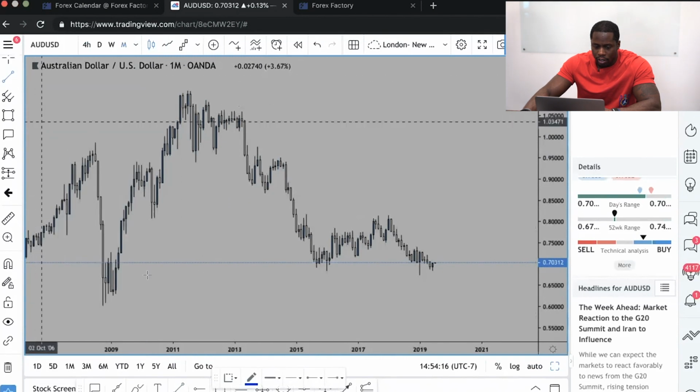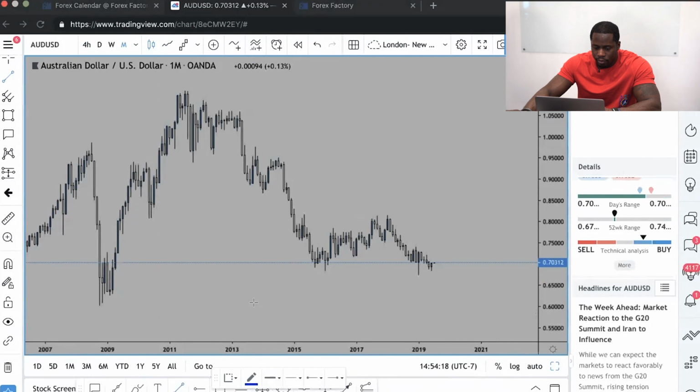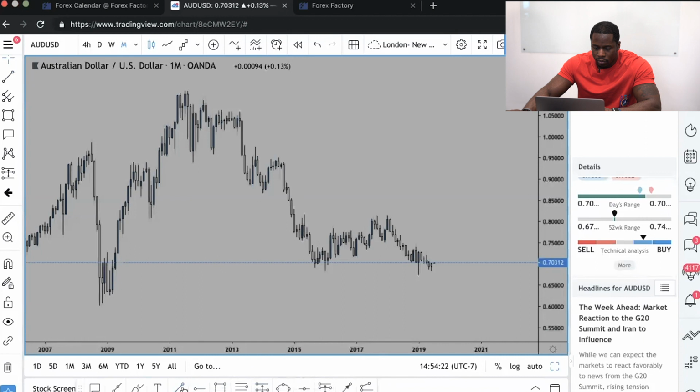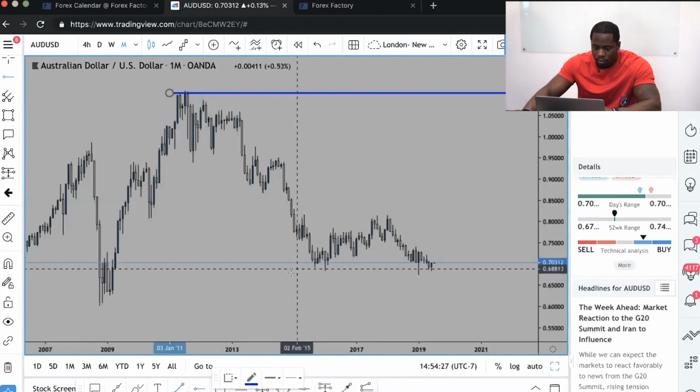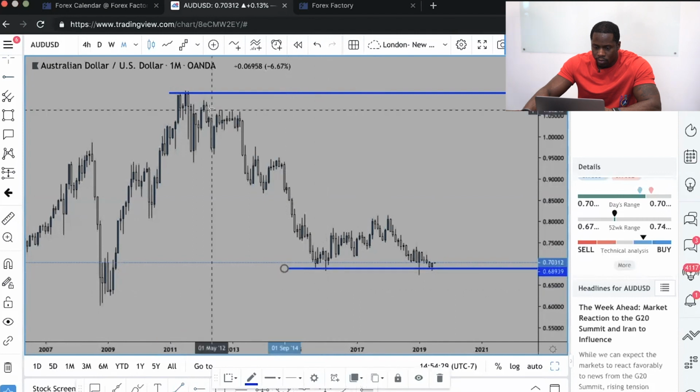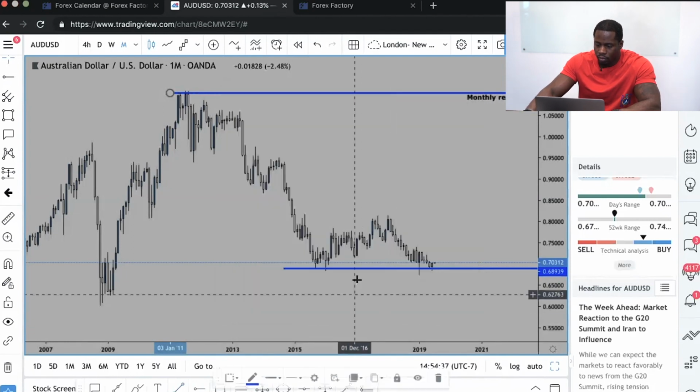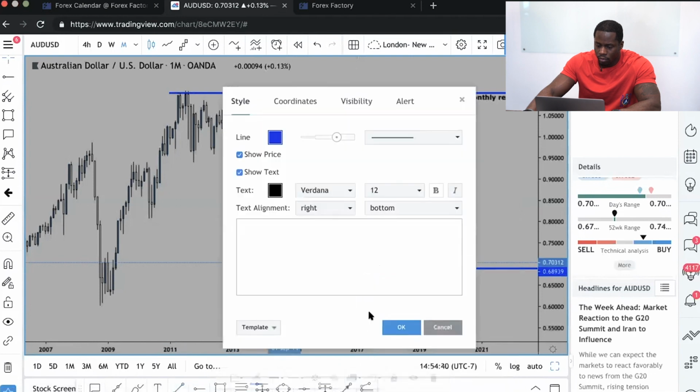So we have our array here. So we have our monthly resistance and our monthly support.